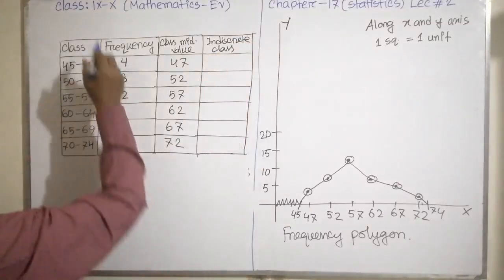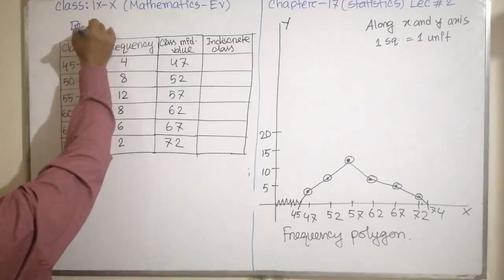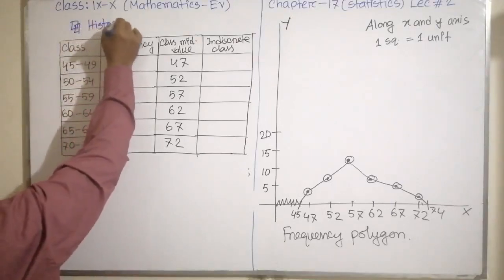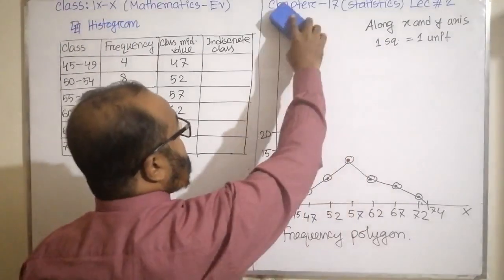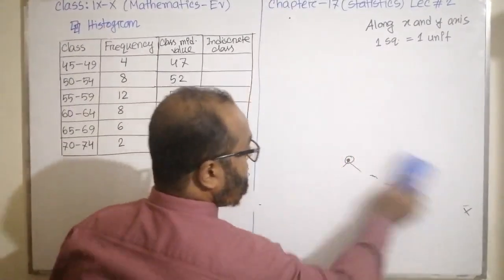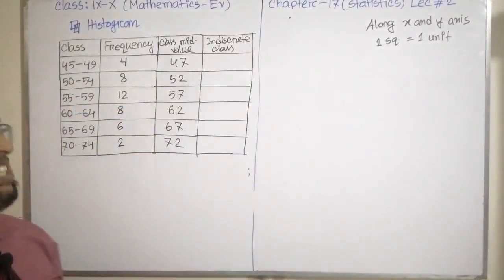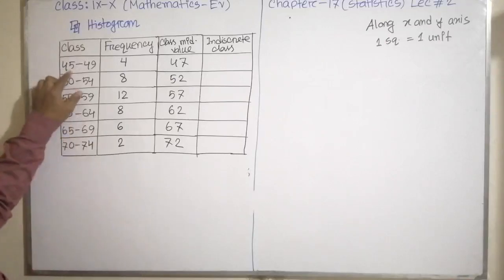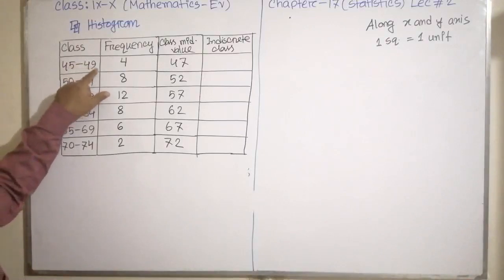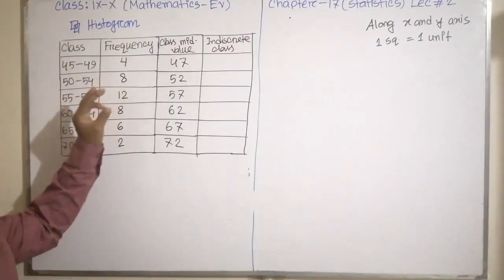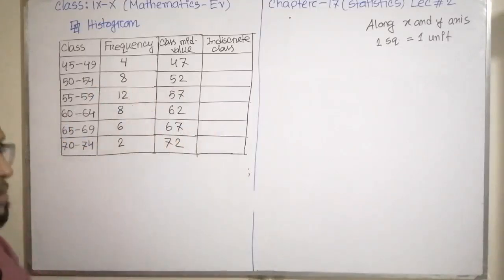This table is for drawing the histogram. To find the indiscrete class, we have to subtract 0.5 from the lower limit and add 0.5 to the upper limit, such that their mid value remains unchanged.